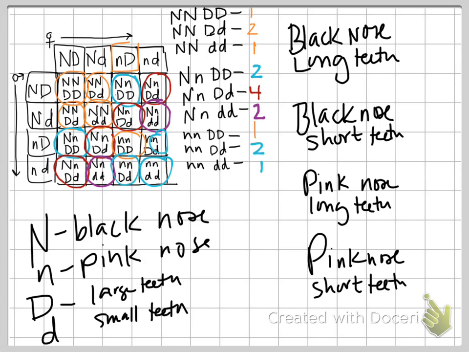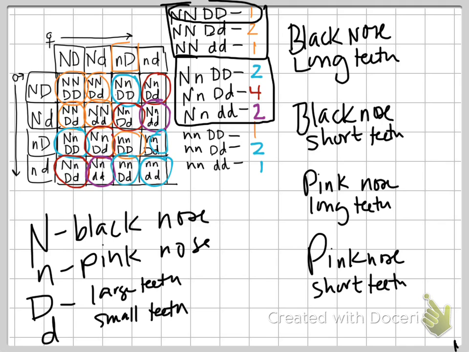If we look at the genotype ratios, are any of these pink-nosed? No, those are all black-nosed. What about these heterozygous individuals, heterozygous for nose color? Are they pink-nosed or black-nosed? Black-nosed. So we know all of those guys are black-nosed. Okay, what about these? Large teeth, short teeth.